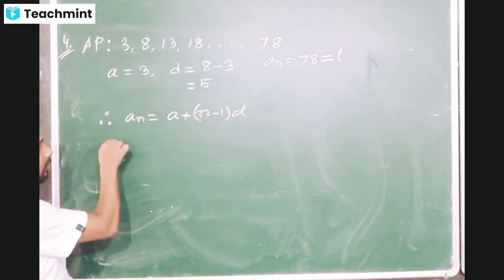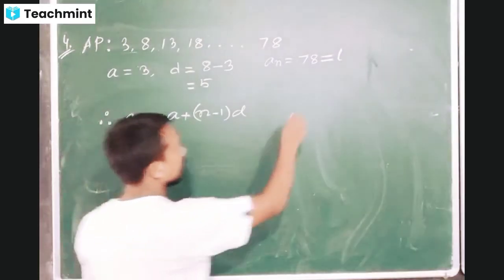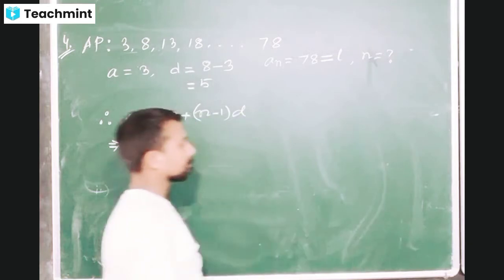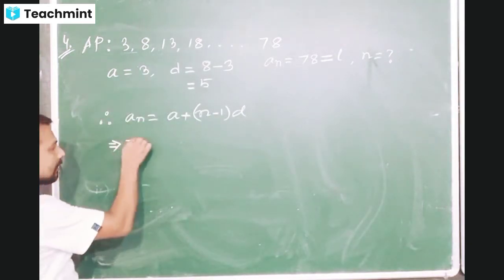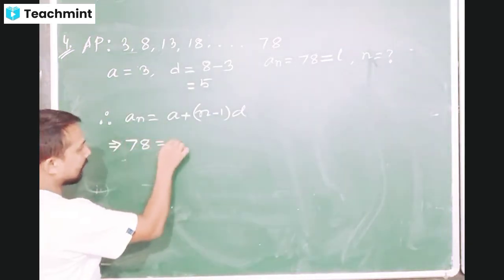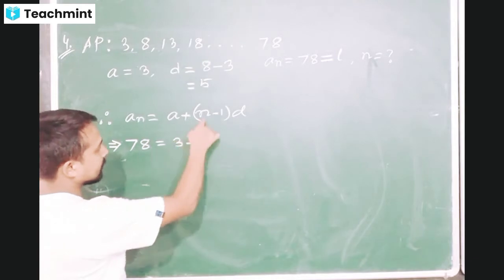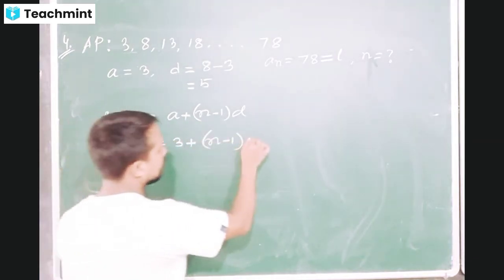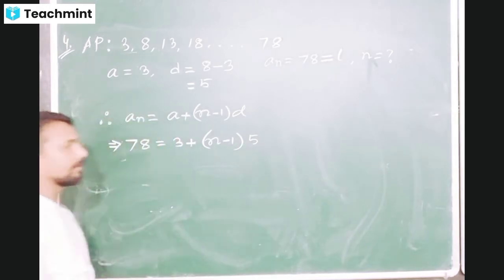Here we have to find the value of n, the number of the term. So a_n is 78, a is 3, plus n minus 1 (we need to find n), d is equal to 5.